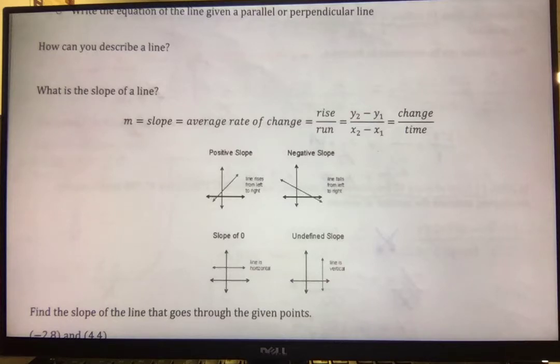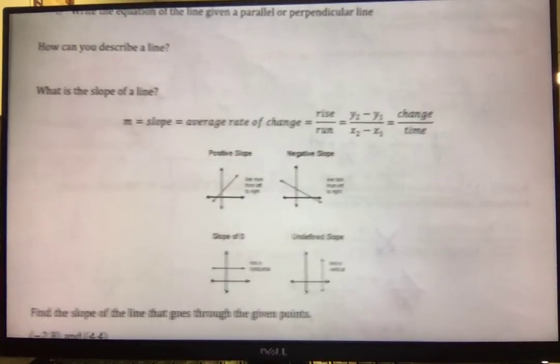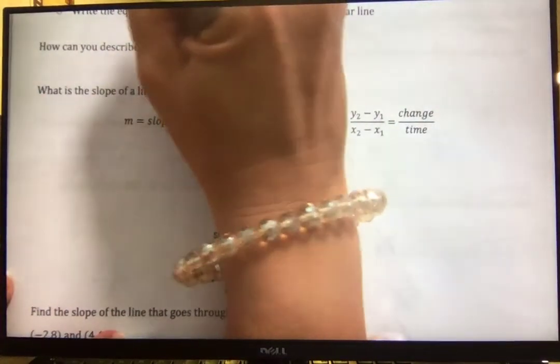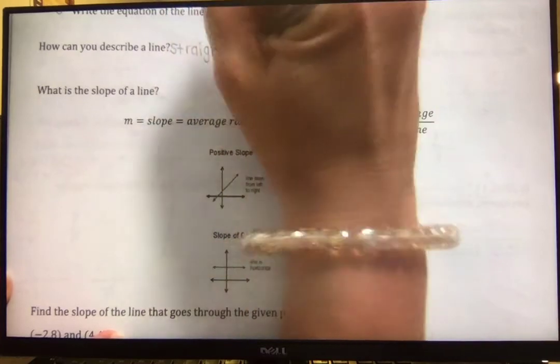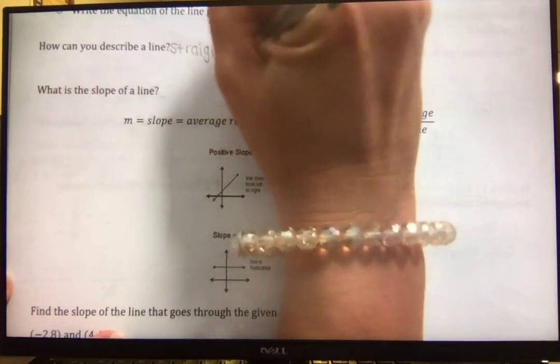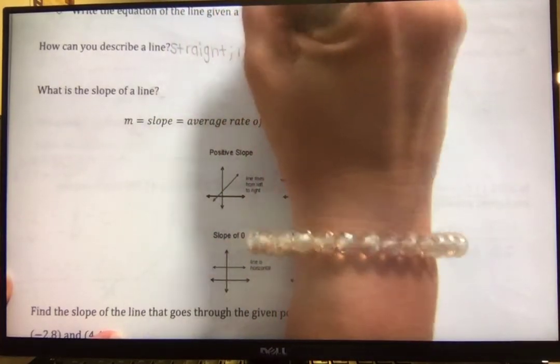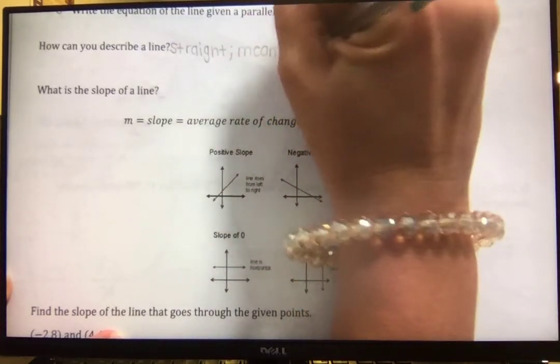So meaning if it's straight, it has the same exact steepness along the line. Whether you look at the beginning of the line, the end of the line, it goes on forever, and forever, it's going to have the same steepness. So it is straight. Meaning the steepness.